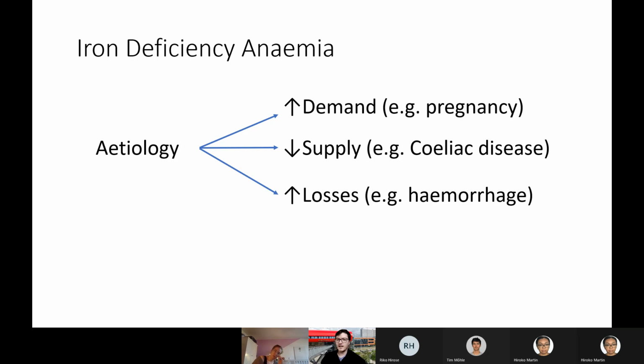Let's say you've been an alcoholic for a long time and you have gastroesophageal varices, and at one unfortunate moment one of them bursts and you start losing loads of blood. You might get iron deficiency anemia or any kind of anemia. Let's just leave it at that; I don't want to get into too many details. You lose a lot of blood, iron deficiency anemia.